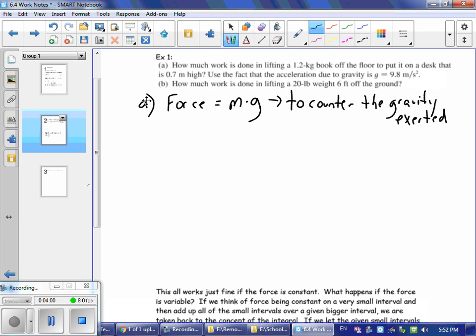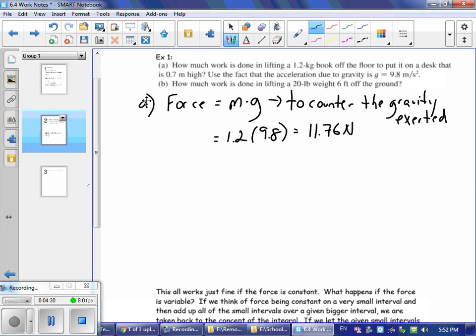Okay, so the force is going to be, let's see, the mass of this book is 1.2 kilograms. And gravity, it told us to use 9.8. So if we multiply those two things together, the force that we have to exert is 11.76 newtons. That's the force that's going to be required.